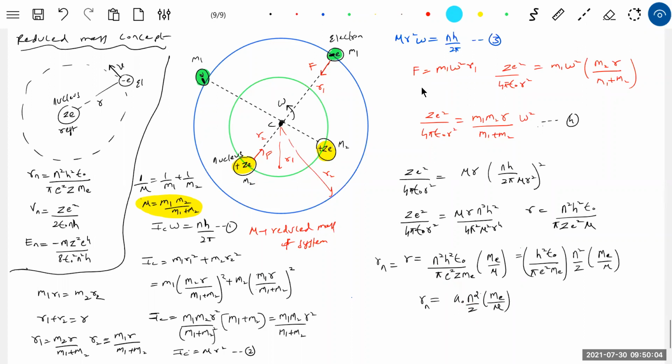Similarly, I want the expression for energy also. What is the total energy? Total energy should be the sum of potential plus kinetic. Again, derive the expression.